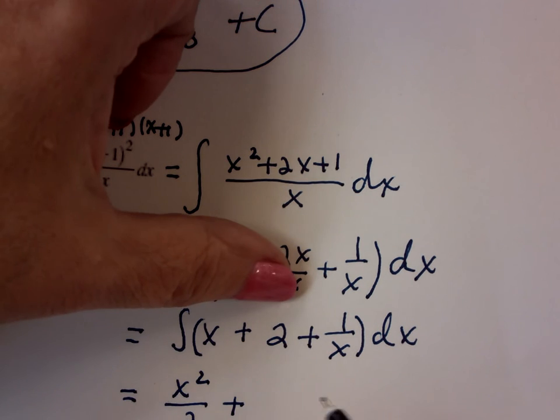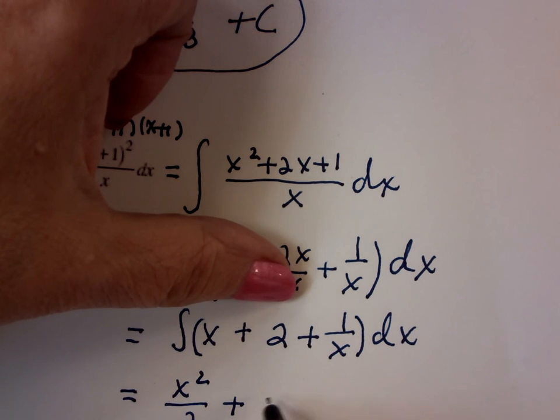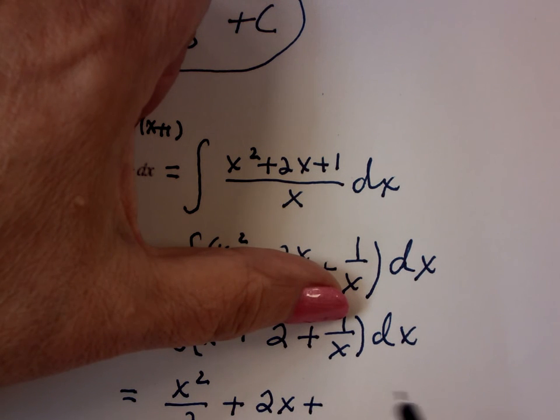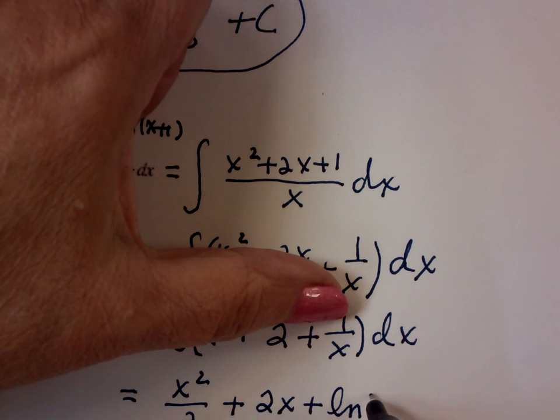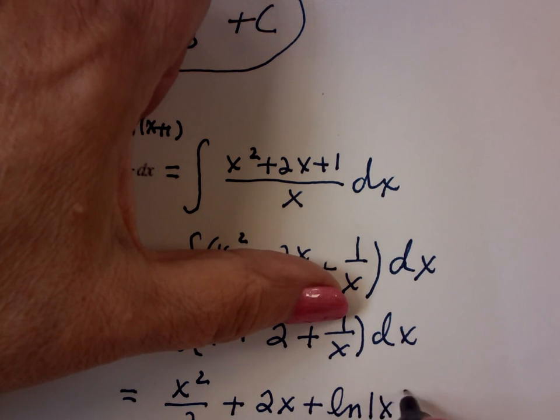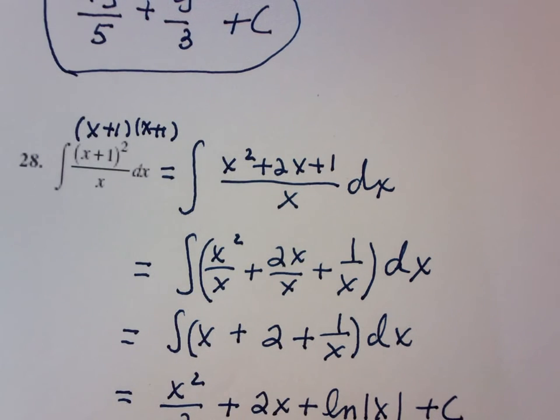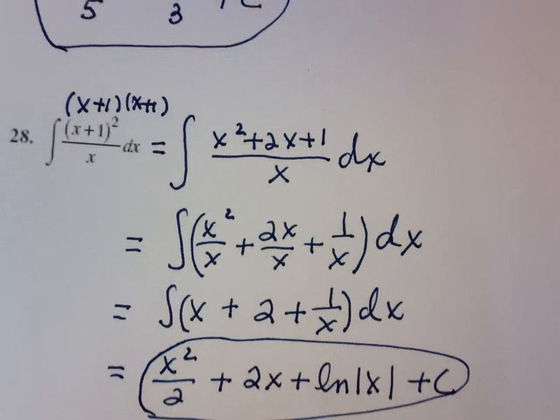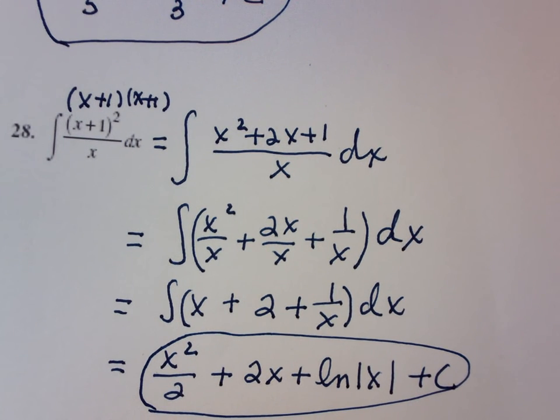Plus, what's the antiderivative of 2? 2x. Plus, what is the antiderivative of 1 over x? Natural log of absolute value of x plus c. Those are all algebra tricks of the trade.